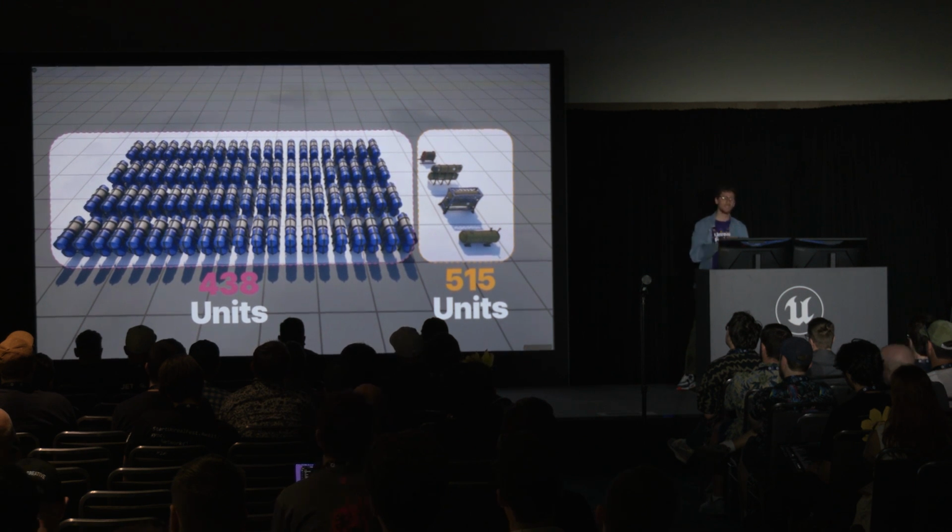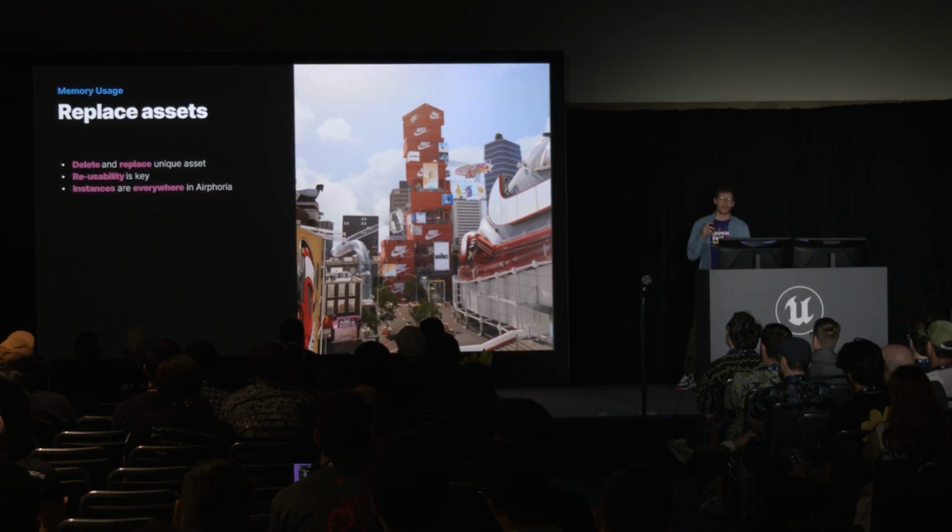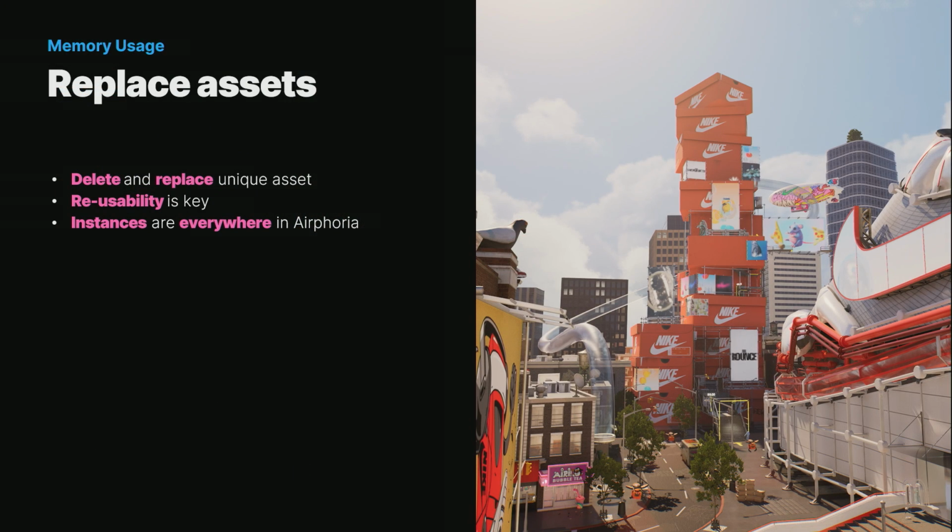So yes, these 84 instances of the blue tank are actually cheaper than these 4 assets on the right. Following this concept, to optimize your thermometer, you would delete and replace assets and use the same ones over and over. We've used that a lot in Airphoria, and the tower is the best example, between the boxes, the screens, and the scaffolding.